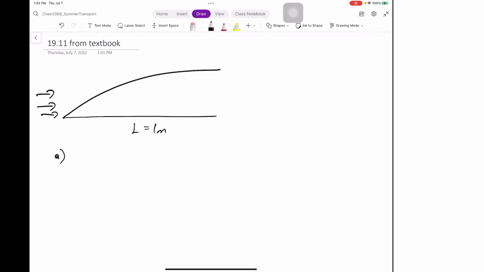So the first thing you should calculate is the Prandtl number of the air, right? In A it doesn't ask you for this Prandtl number, but to clarify, CF is the mean coefficient of skin friction.